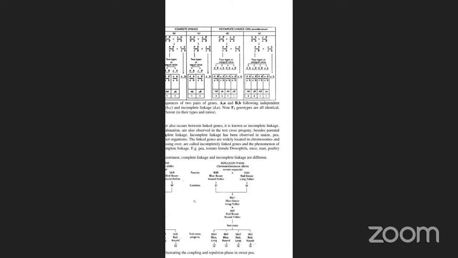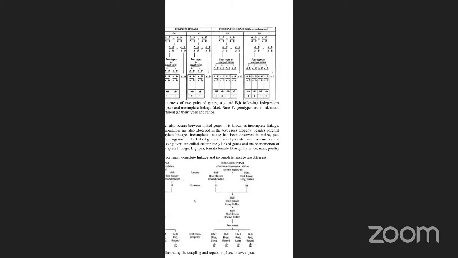The ratios will differ. So always parental combinations will be more. So here you see 4:4:1:1 they have got. That means the dominant combination was more. So some are in higher ratio, some are in lower ratio. The proportions will vary, but you will get similar combinations.